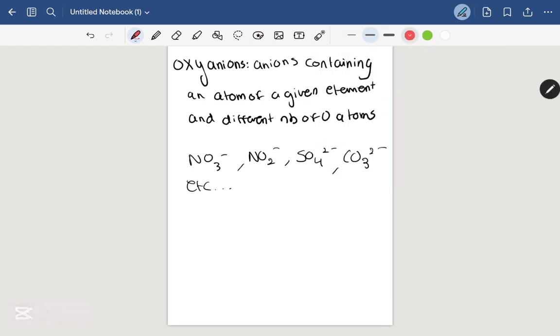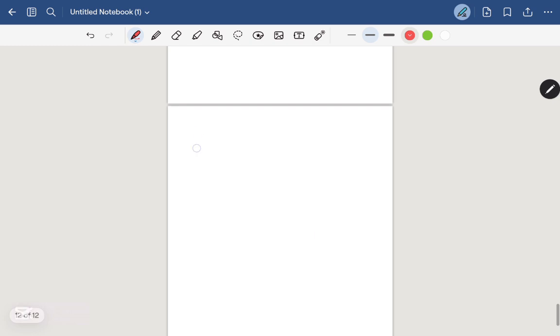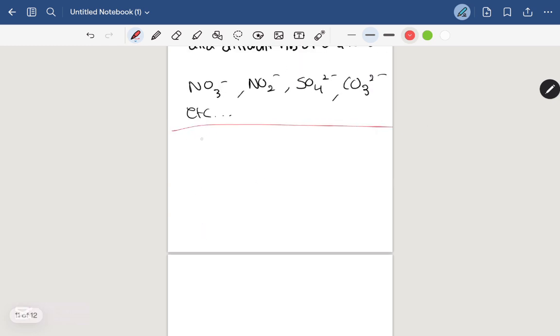Now, how do we name the oxyanions? There are some rules you need to follow. If you have two different oxyanions, a very famous example is SO3 2- and SO4 2-. If you can have only two possible versions of it, you take the one with fewer oxygen atoms.